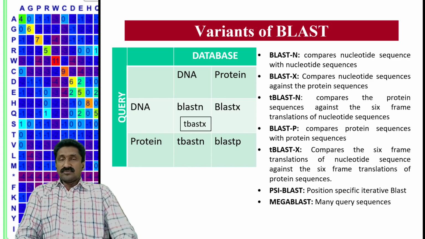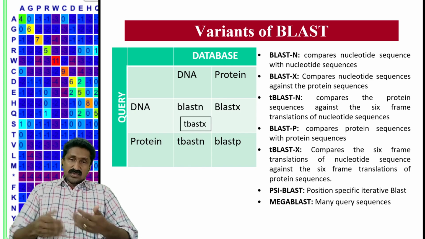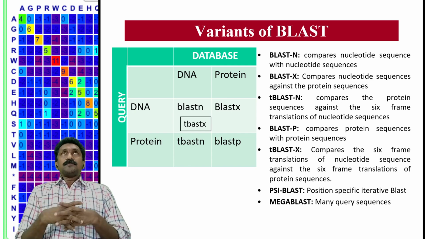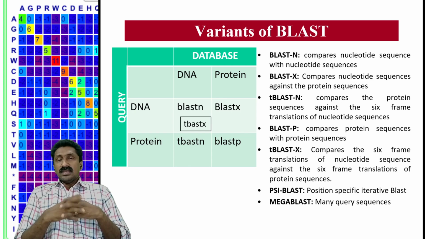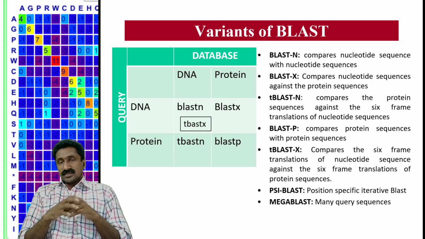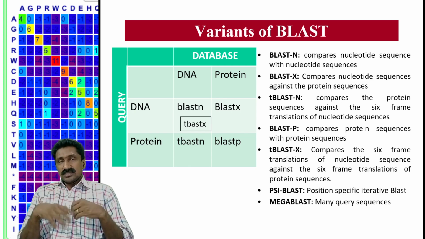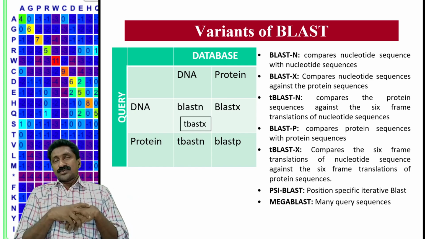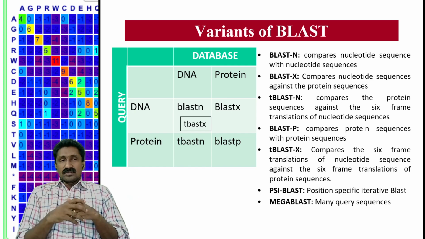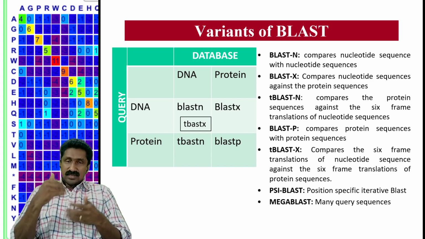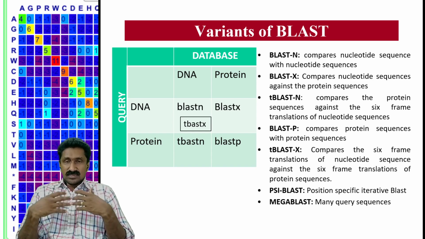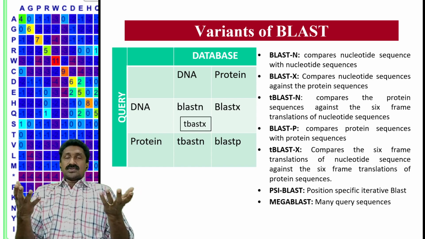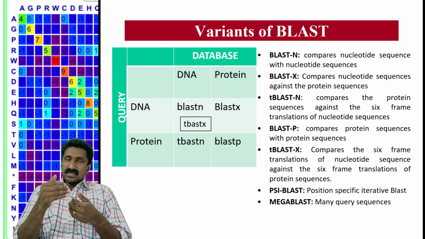So initially, by default, BLAST will be MegaBLAST. Alternatively, if you are not getting any good hits or results from that one, you can bring down the stringency to see if there are any somewhat similar sequences. Again, if you are not getting any results, you can bring down the stringency further to see whether some related sequences are there or not. Then you can select another option.